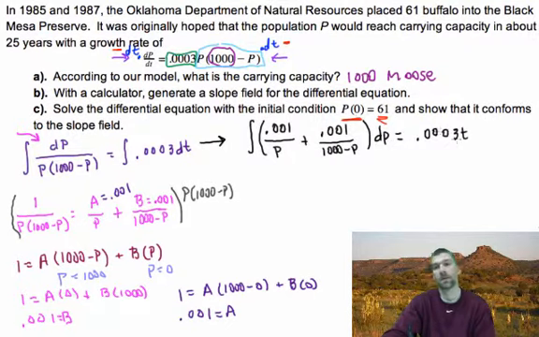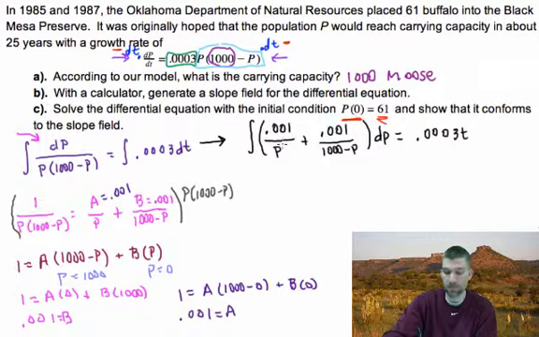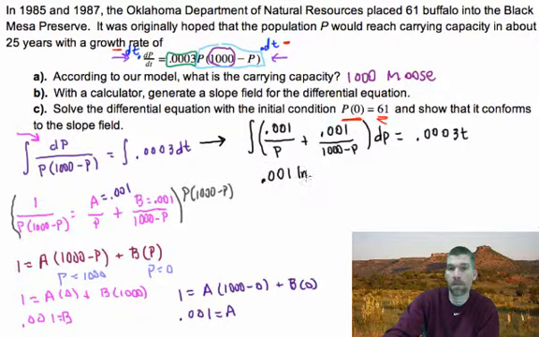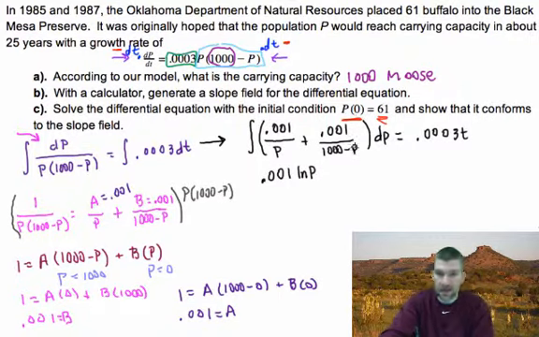Okay. And when I integrate the left, the first guy integrates no problem whatsoever. That's just going to be 0.001 times the natural log of p. Now the next guy, look right here. You see that minus sign in there? This is a cool trick that we can use when we integrate natural logs.